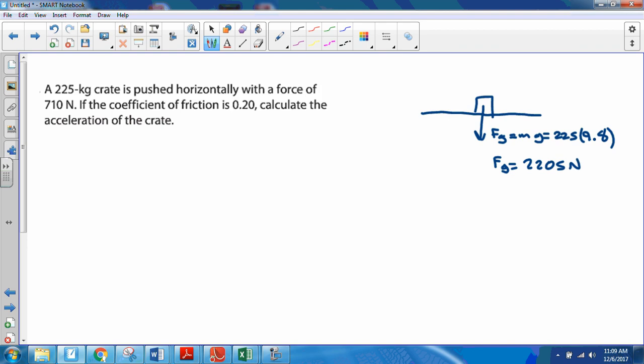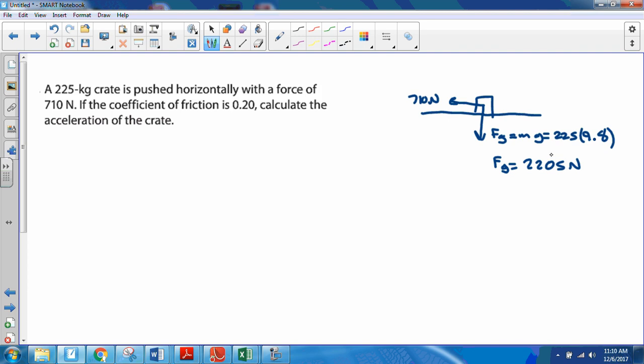Okay. So what other forces do we have going on? We're going to have friction. What other force? Yeah, the force that we applied, so that's going to be one that's important. Do we want to apply it to the left or to the right? You want to apply the 710 to the left? Okay. So this is 710. Does it matter? Nope, doesn't matter, as long as it's horizontal.